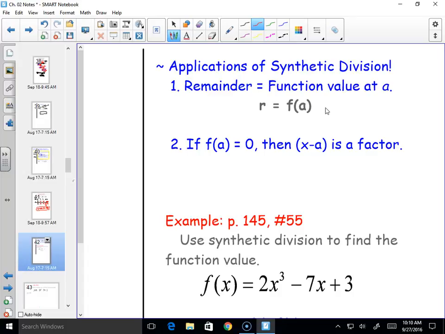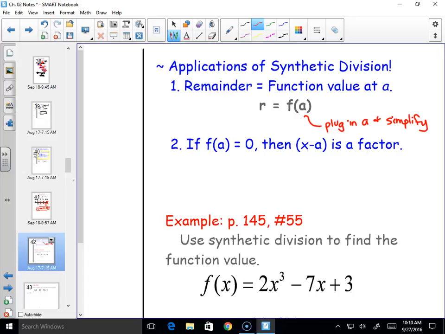And to find the function value at a, you would have to plug in a and simplify. Plugging in is sometimes easy, but it's sometimes kind of hard too.